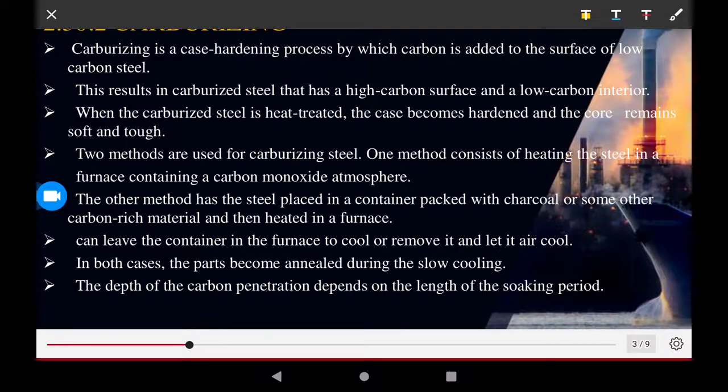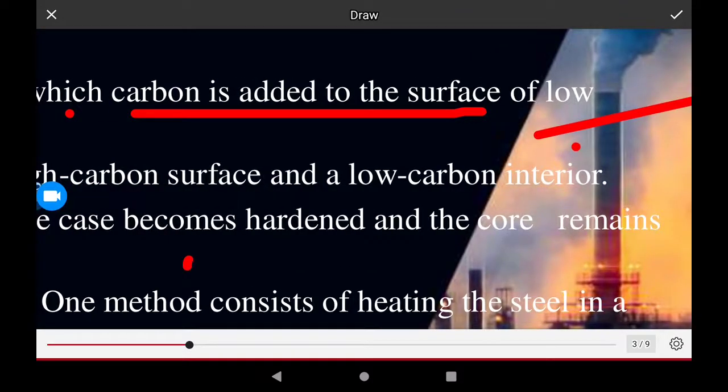Carburizing. What is carburizing? Carburizing is a case hardening process by which carbon is added to the surface of low carbon steel.